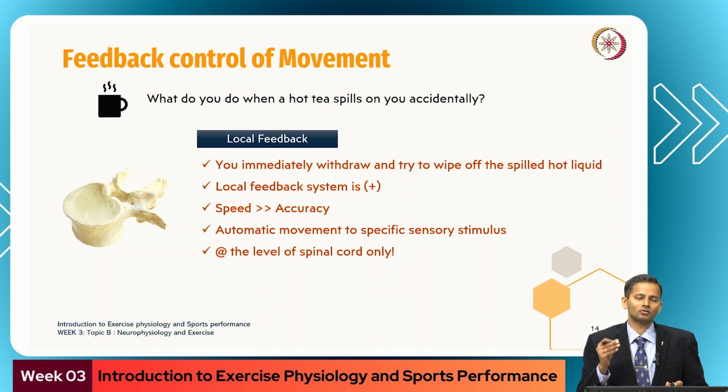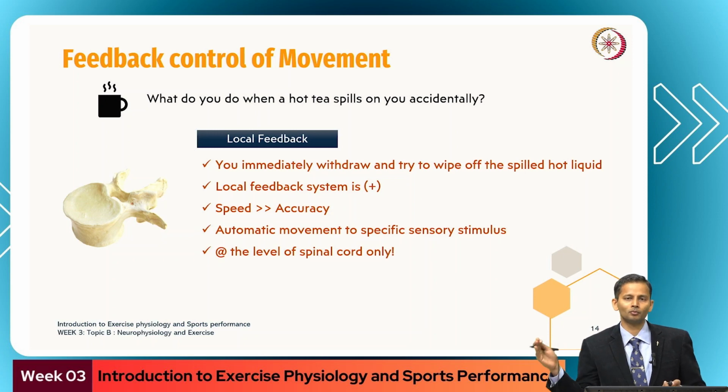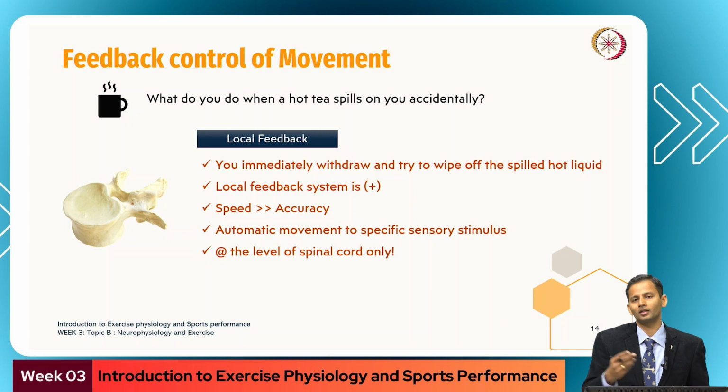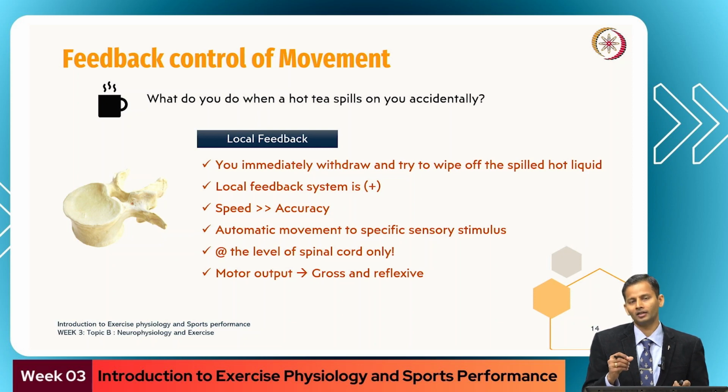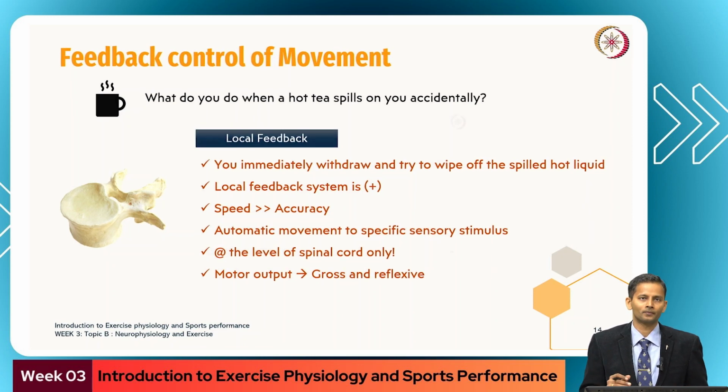That's how it cuts down on the relay time, thereby the speed of the movement increases and you immediately withdraw yourself from the painful or unwanted stimulus. The motor output would be very gross, it may not be very fine, and it is generally very reflexive.